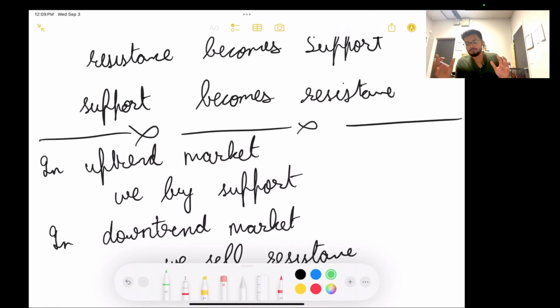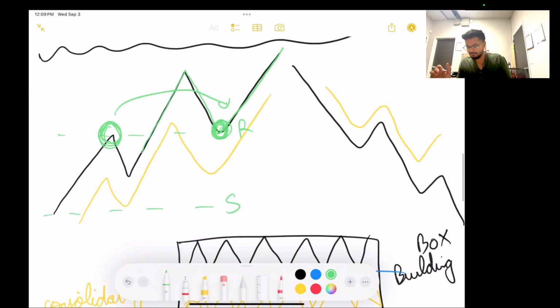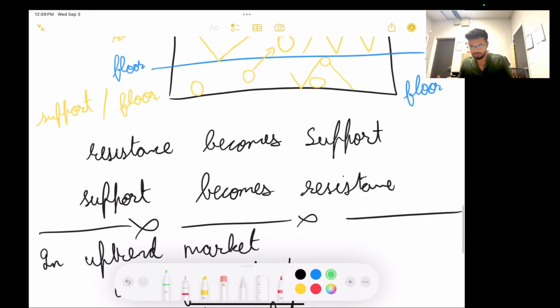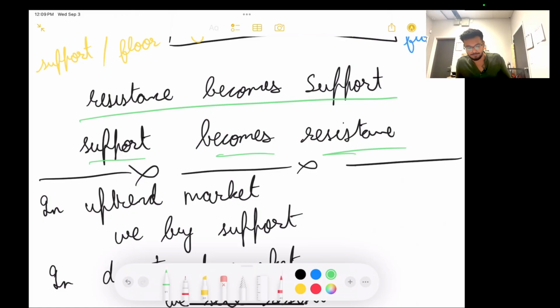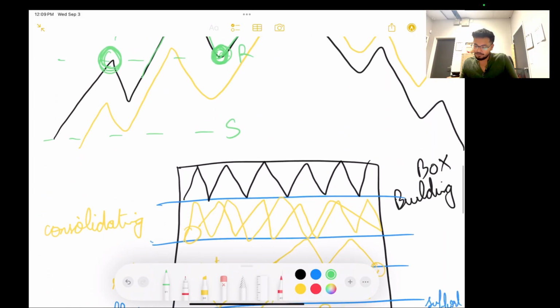Similarly, support becomes resistance. Now what does that mean? I'm quickly doing this and ending this video on this, so that you know what actually matters when it comes to resistance becomes support, support becomes resistance. When I say support becomes resistance, that happens in a downtrend market.